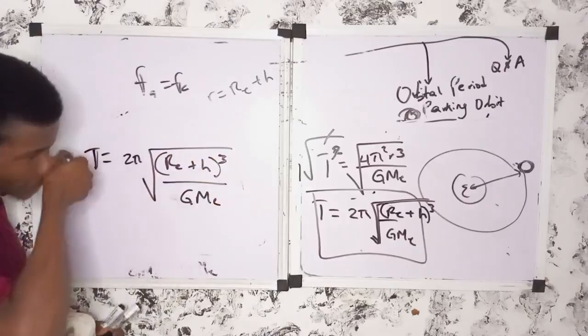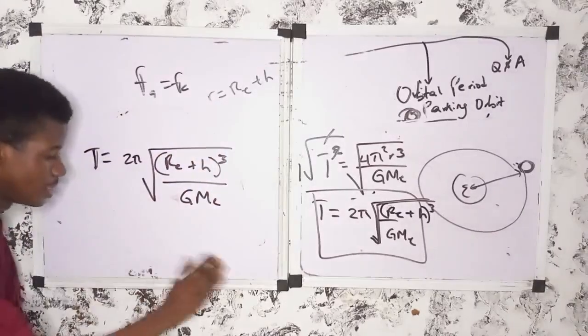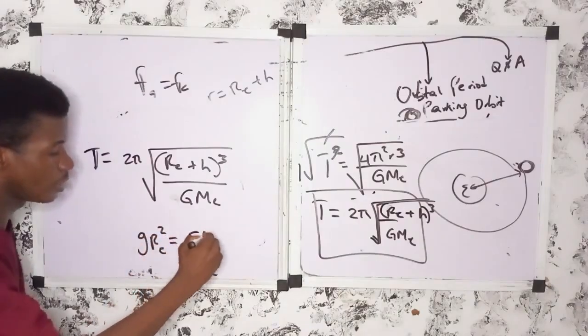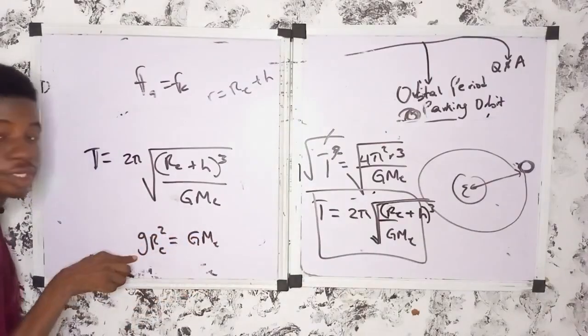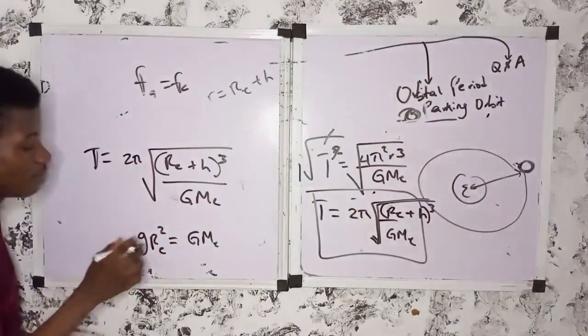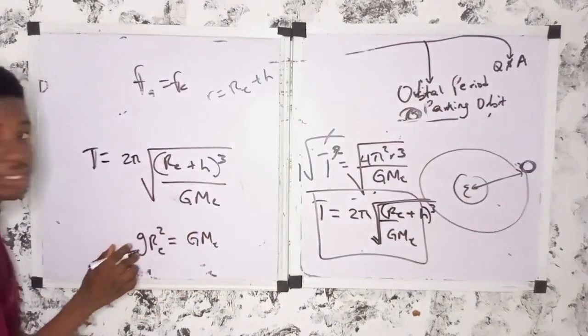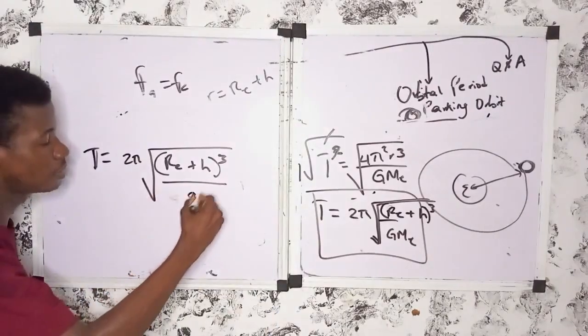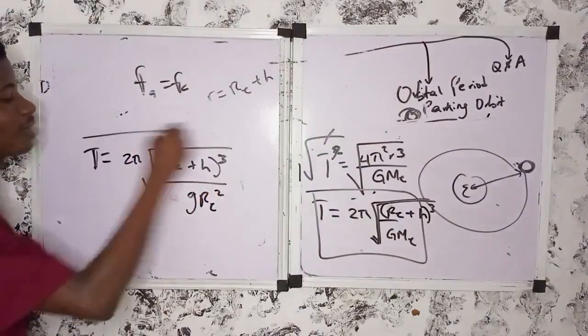Now don't forget that GM_E is something as well. I told you guys earlier that GM_E is equal to gR_E squared. So in place of GM_E, I'll put gR_E squared here.